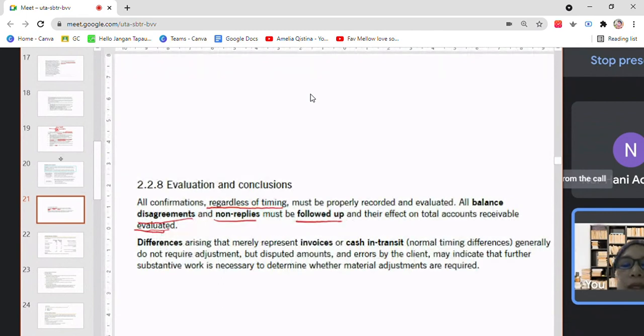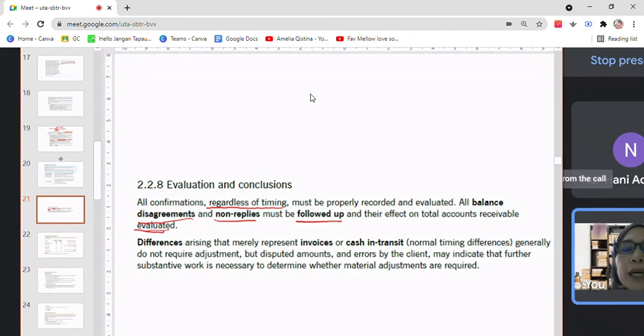Differences arising that merely represent invoices or cash in transit generally do not require adjustment, but disputed amounts and errors by the client may indicate that further substantive work is necessary to determine whether material adjustments are required.